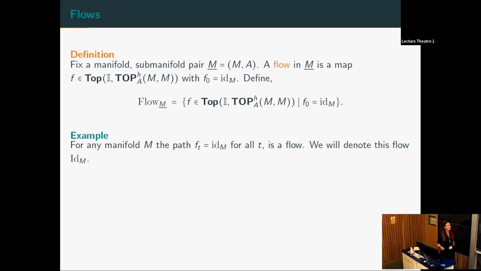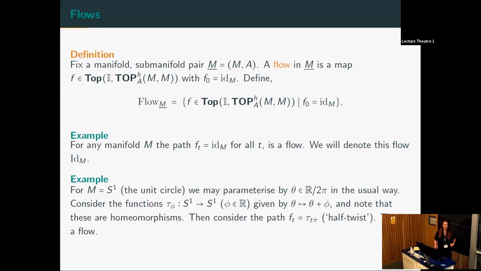Okay, so some examples. If we pick any manifold M, we have a flow which at all t is the identity homeomorphism. I'm going to use that one quite a lot, so I'll give it some notation: capital Id means the identity flow. What's another example?